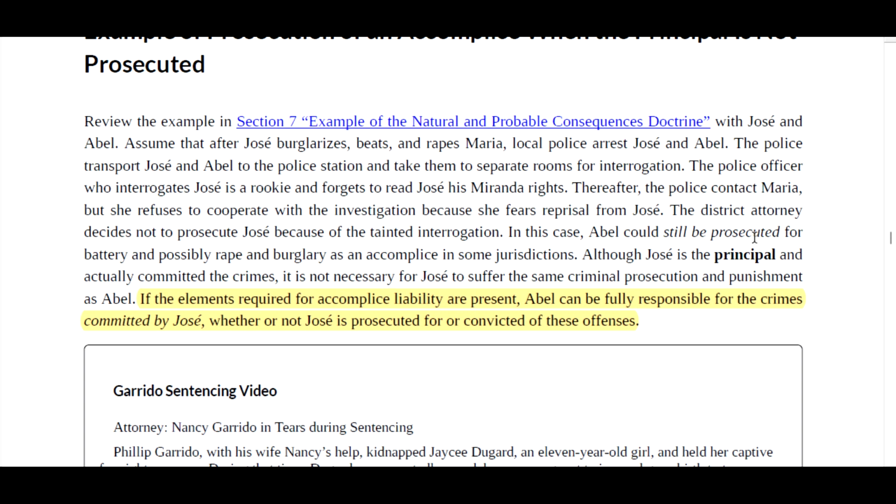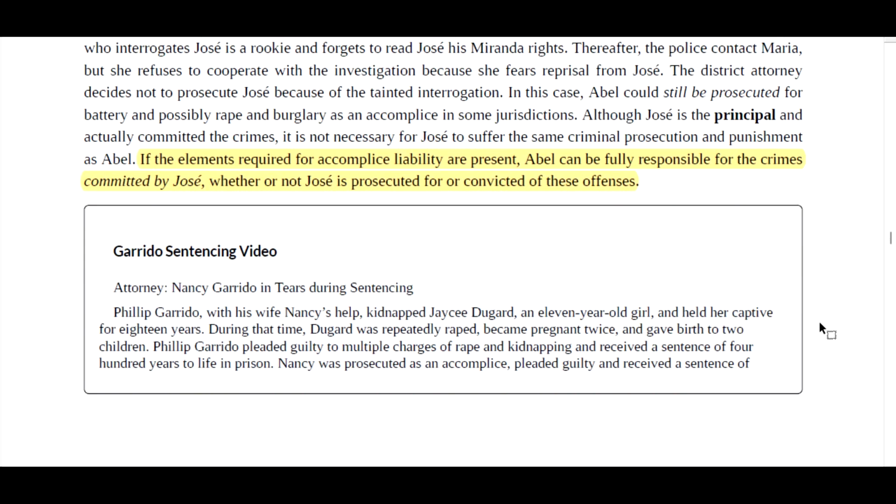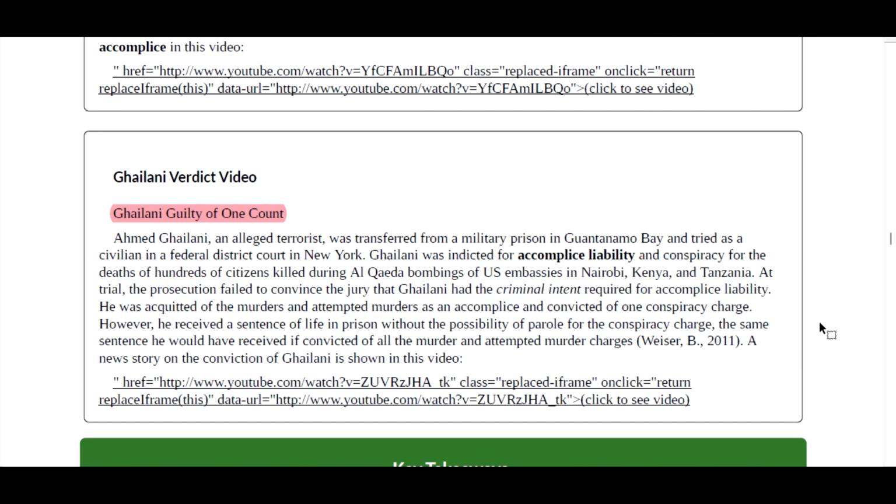In plain, simple words, if the elements required for accomplice liability are present in any case, whether the principal offender is found guilty or not, the accomplice can be prosecuted and convicted for those offenses. So hopefully that makes sense.